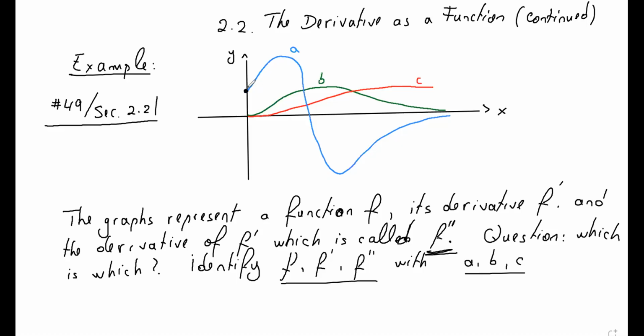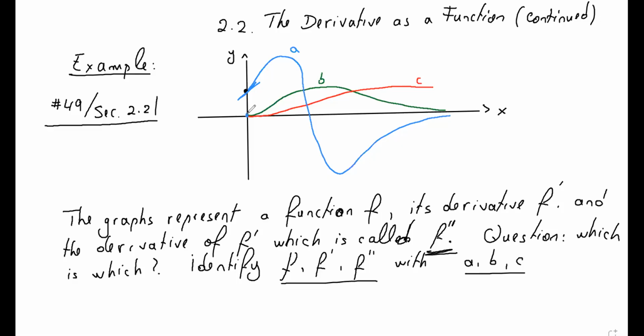If I look at A, the derivative, the slope of a tangent line over here, is a positive number. If B or C were the derivative of A, then we would have to start somewhere up here, because these functions don't look like they have non-zero values.